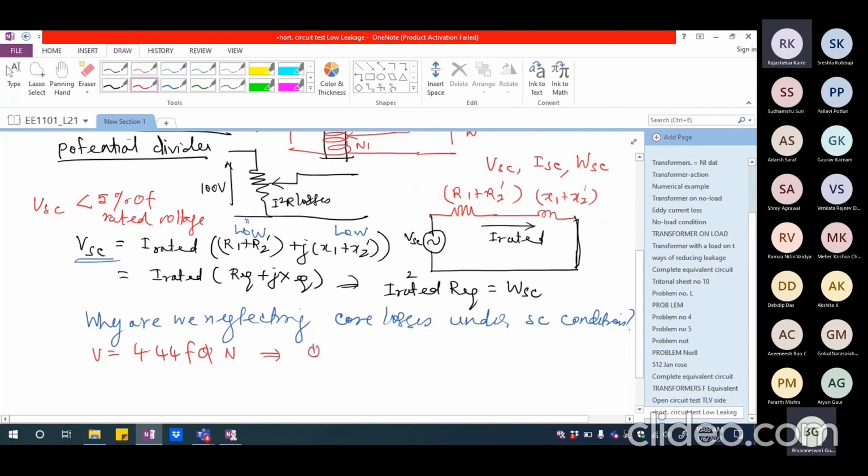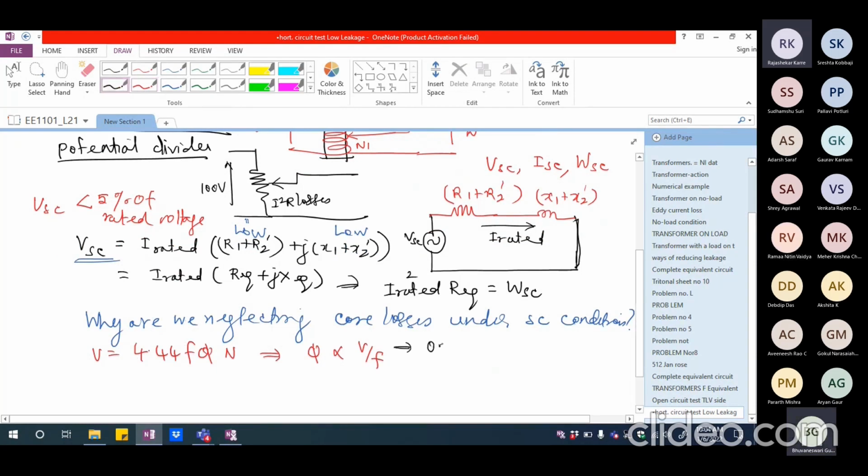From which we can say flux is proportional to voltage divided by frequency. So the flux is equal to voltage divided by frequency.